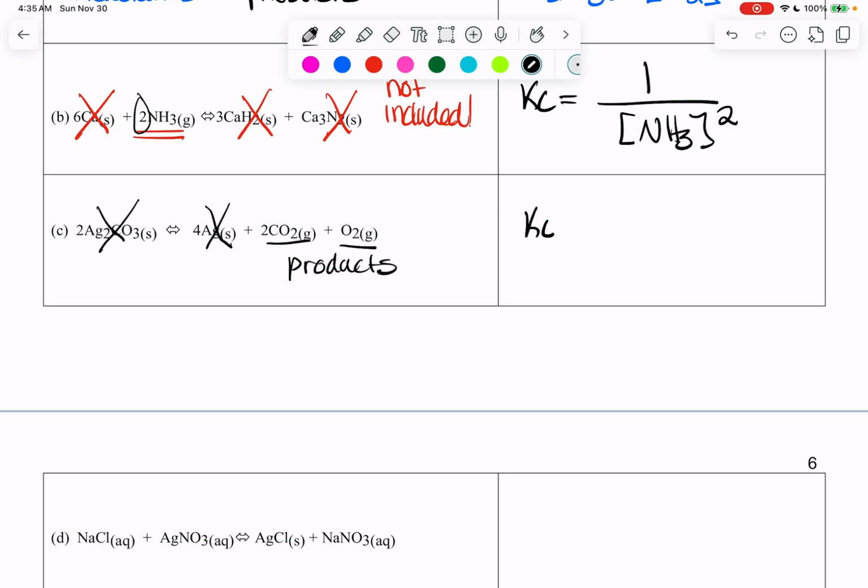My Kc then becomes the concentration of CO2 to the power of 2 multiplied by oxygen to the power of 1. Like in math, anything to the power of 1 is the same, so I don't necessarily have to put it down, but I'm just reminding you that there's that imaginary 1 in front of oxygen.